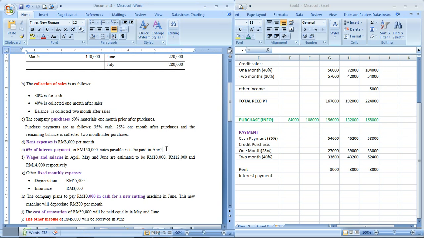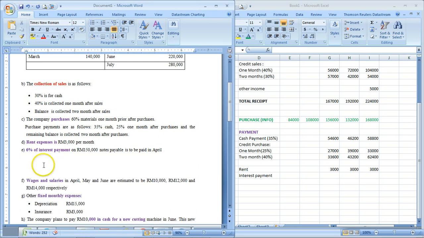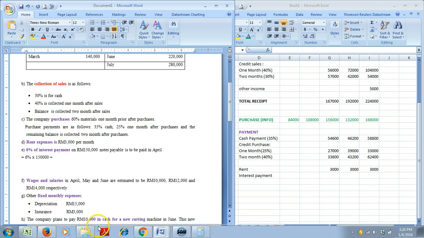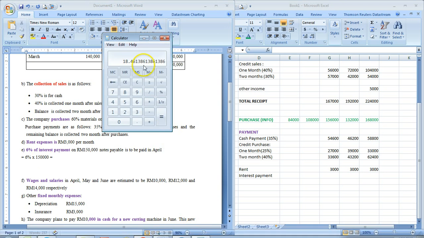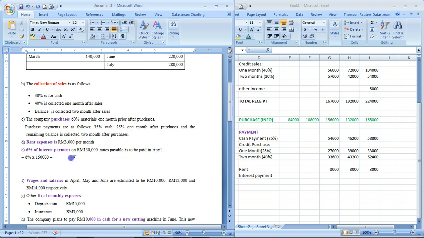Alright, how? Just to show the step here. Equals to 6% times with 150,000. You have to calculate 0.06 times 150,000, you will get 9,000 per year.